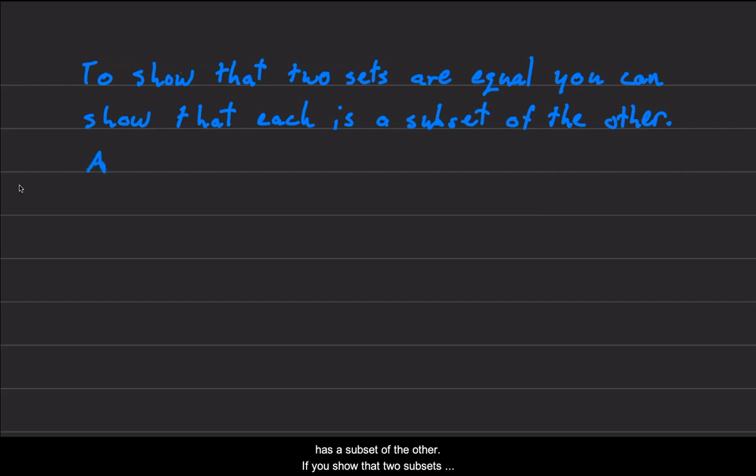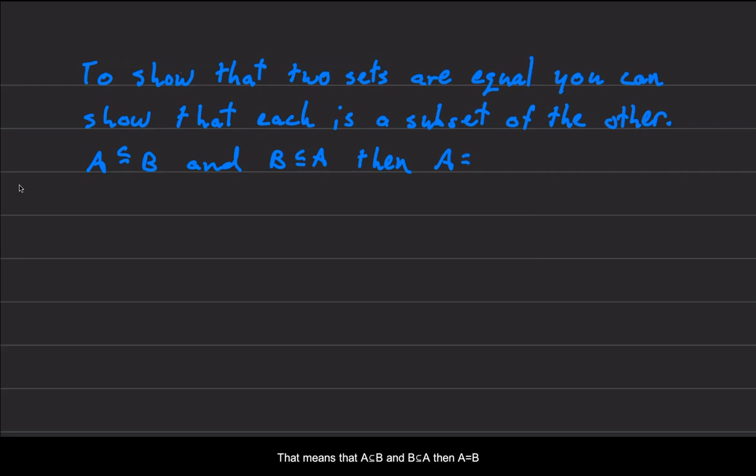So that means that if A is a subset of B and B is a subset of A, then A is equal to B.